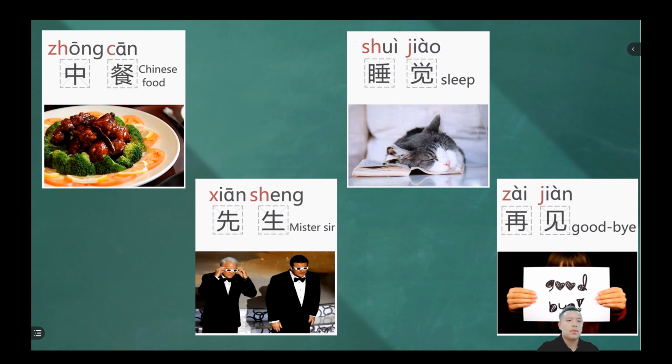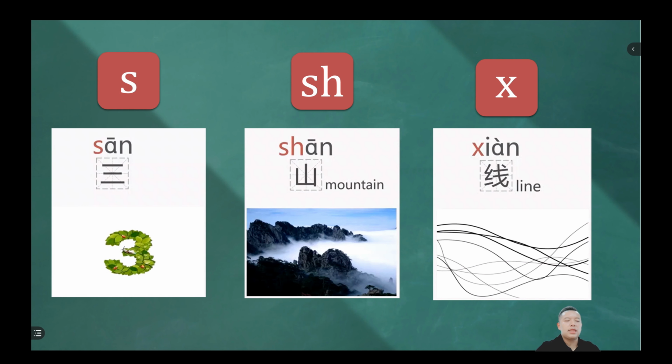Okay, so in this group, it will be a little bit different as well, because 思 and 诗 is just a group of flat tongue and rolling tongue. 思 诗.